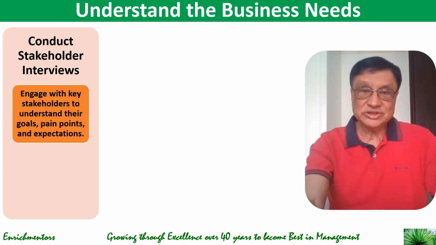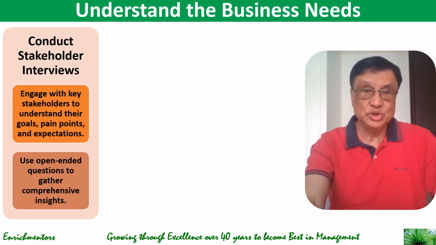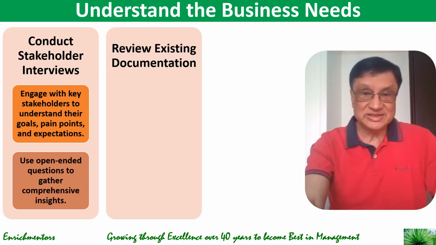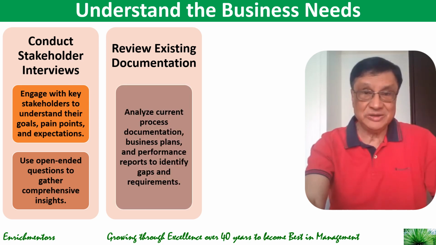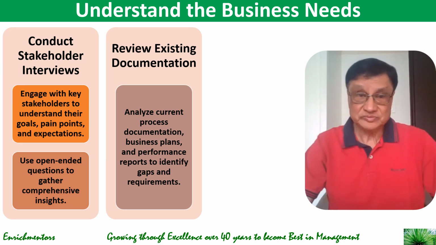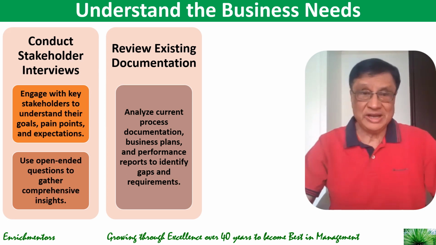And in that process, to gather requirements and comprehensive insights, it is very useful to use open-ended questions instead of closed-ended questions. Then you need to review the existing documentation, in which you analyze the current process documentation, business plans, and performance reports. And basically, with that, you figure out the gaps and requirements of the business as of now.